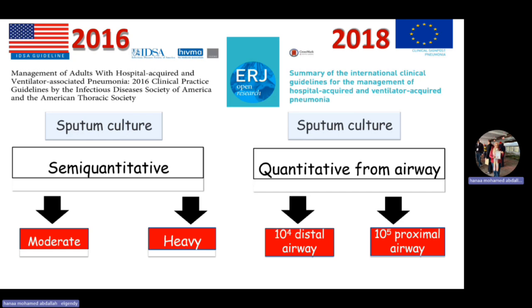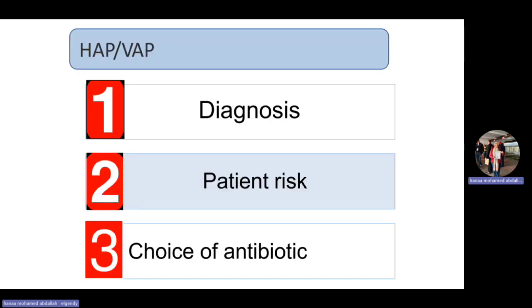If it's from the distal airway, 10 to the power of 4 is okay to confirm the diagnosis of HAP or VAP or any respiratory tract infection. But if it's taken from the trachea, the proximal airway, 10 to the power of 5 is mandatory to confirm our diagnosis.